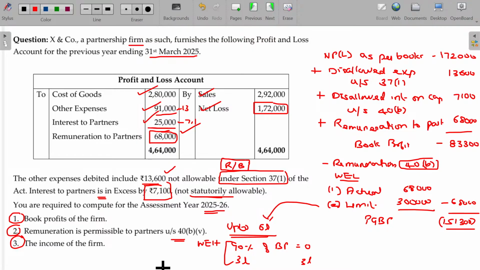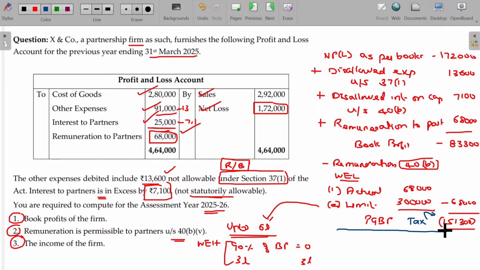Now, understand one more thing. What about the tax applicability? For this, tax is not applicable anyhow. As it is negative, you can carry it forward for the future period.